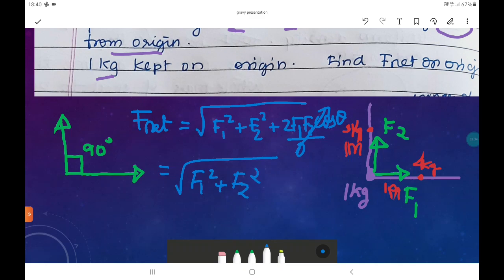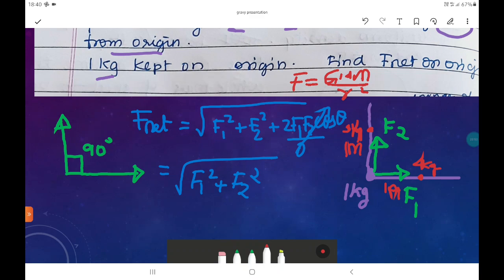Now what are the values for F1? How do you find a force? Gravitational force F is equal to G m upon r square. G is a constant, m are masses and r is the distance.